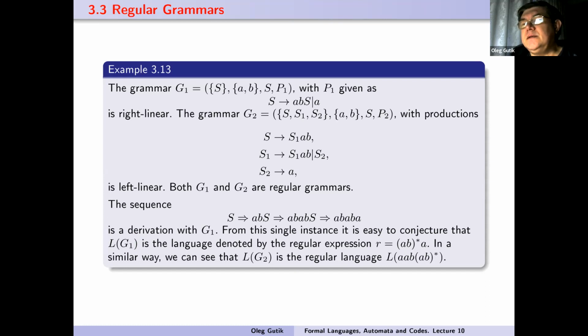In a similar way, we can see that L of G2 is a regular language, which is denoted by the regular expression a(ab) star.